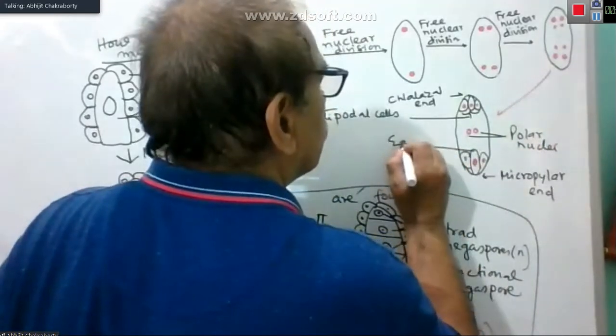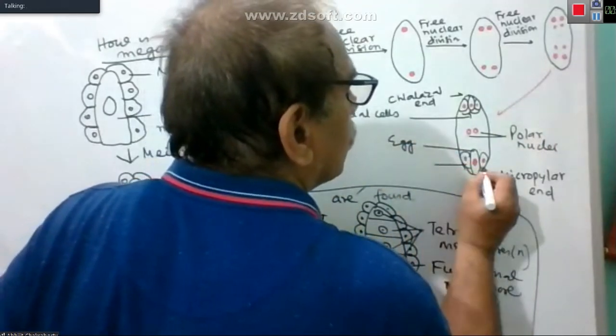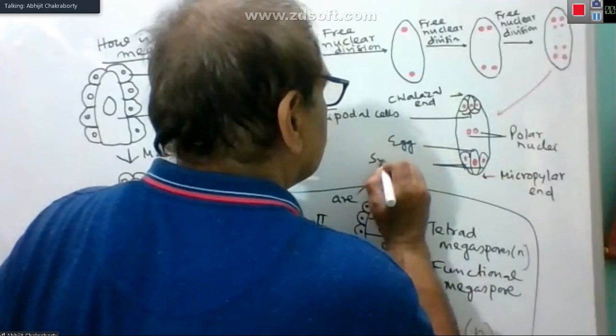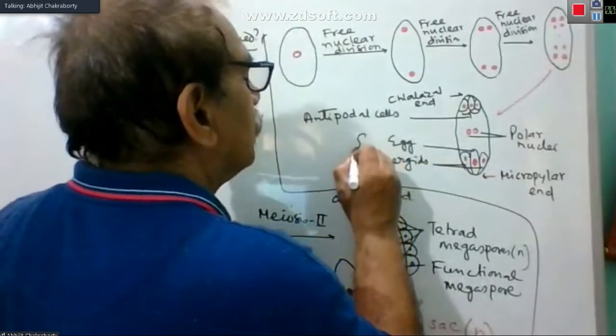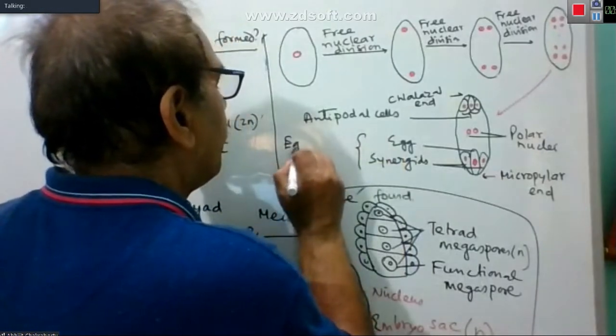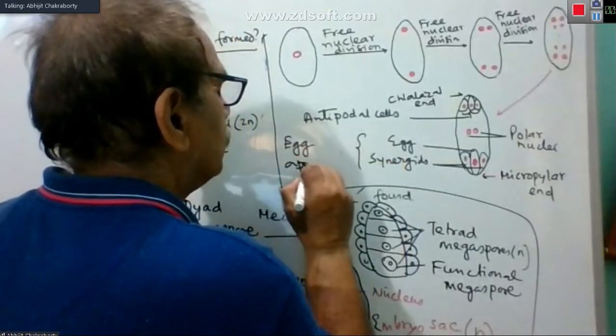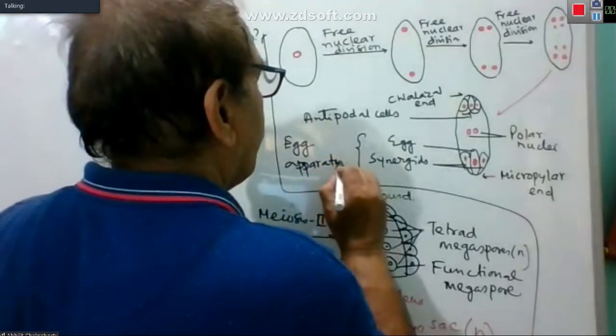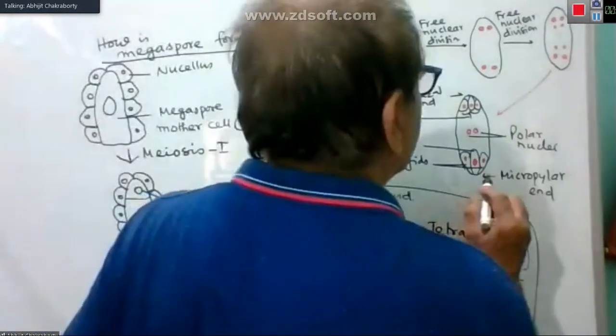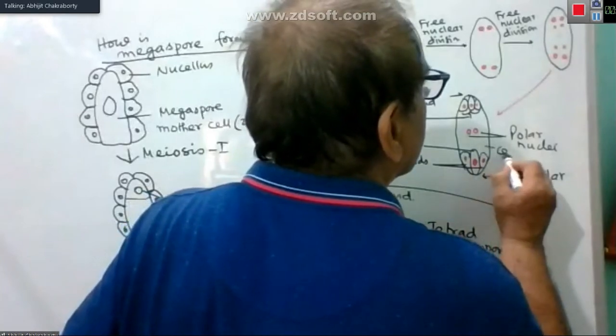This is the egg. And these two are synergids. Together called egg apparatus. So in this way you can call it, this is the central cell.